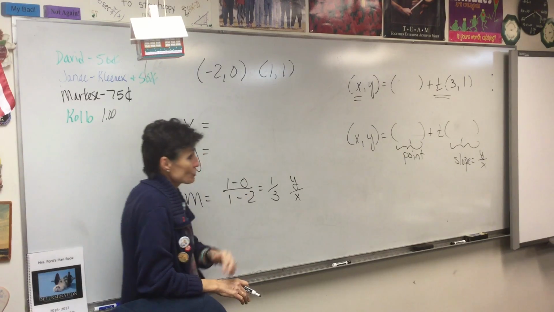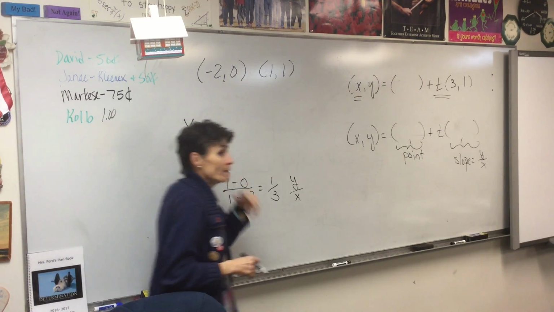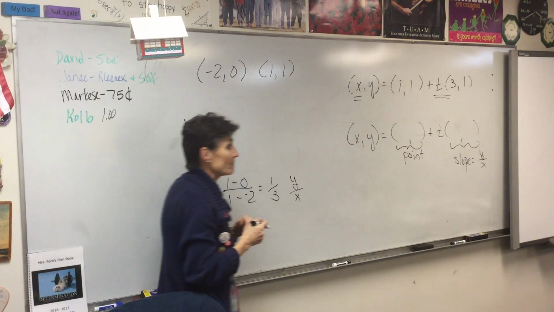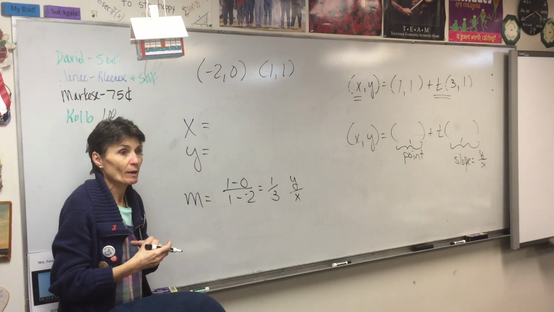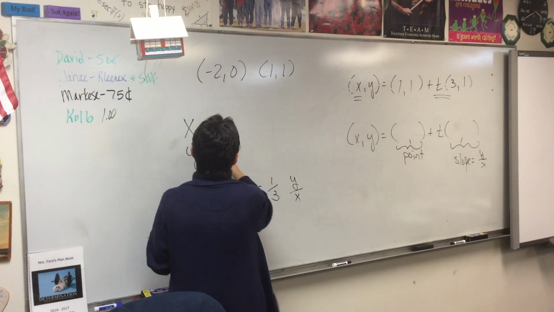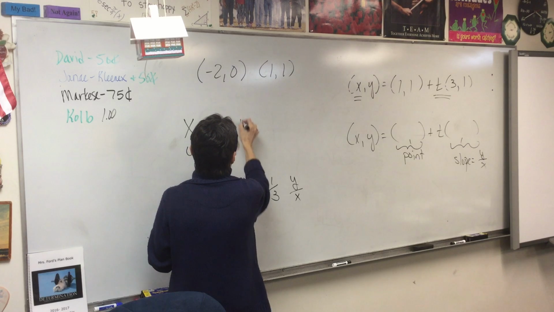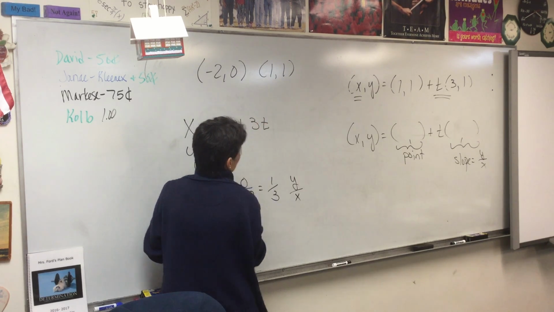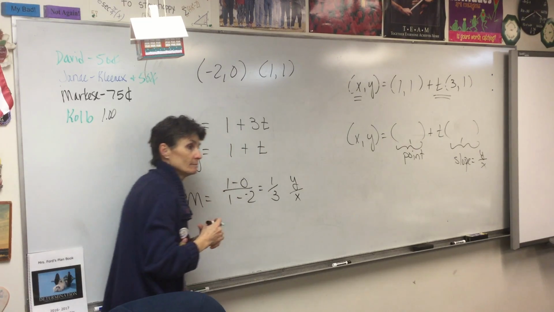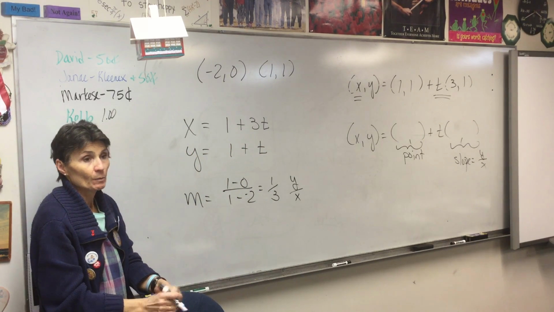What goes in that first parentheses? Maybe (1, 1) this time. Again, that is irrelevant. You can use whatever point you want. If we use (1, 1), then we have x equals 1 plus 3t, and y equals 1 plus 1t. And we're done.